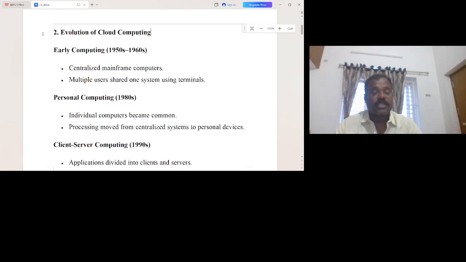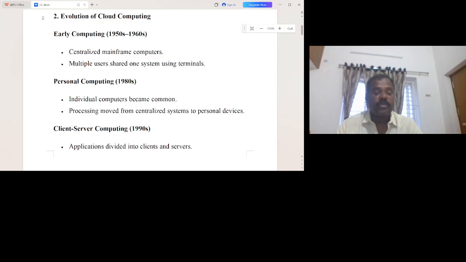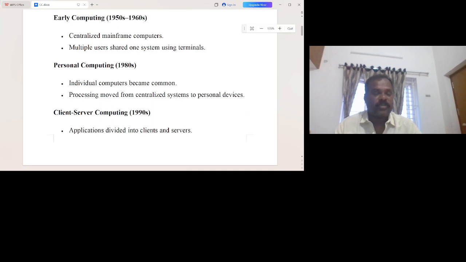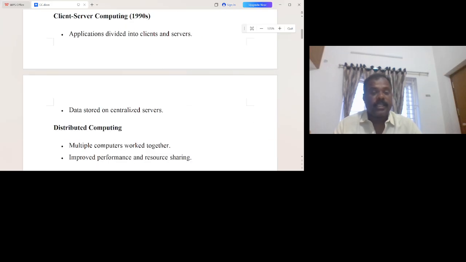The main application of personal computing is that processing moved from centralized systems to personal devices. In the 1990s, we used client-server computing, where applications are divided into clients and servers. Sometimes a client acts as a server, and a server acts as a client. Data is stored in centralized servers.